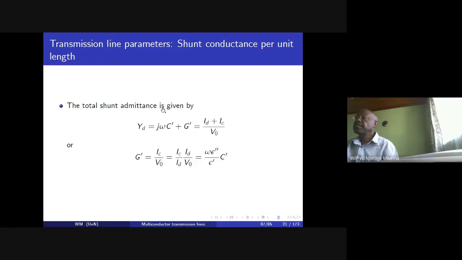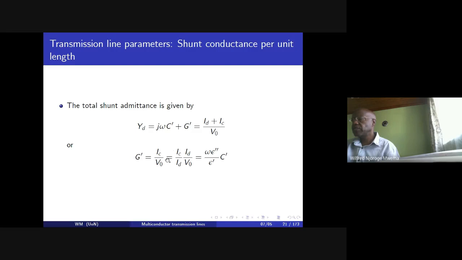So the total shunt admittance is therefore going to be given by j omega C prime plus the conductance G prime, which is the displacement current plus the conduction current divided by the potential difference. Or in other words, you can see that G prime is just going to be given by the conduction current IC over V naught, which is IC over ID, that is the ratio.